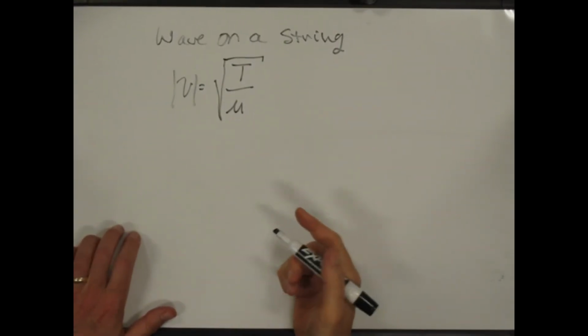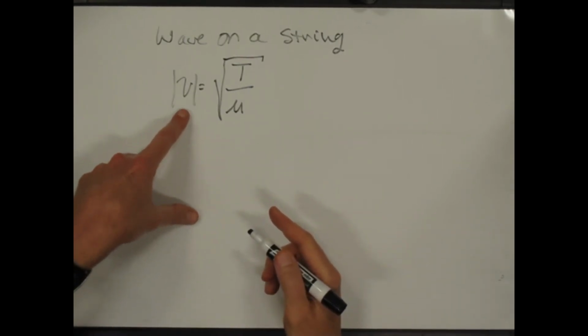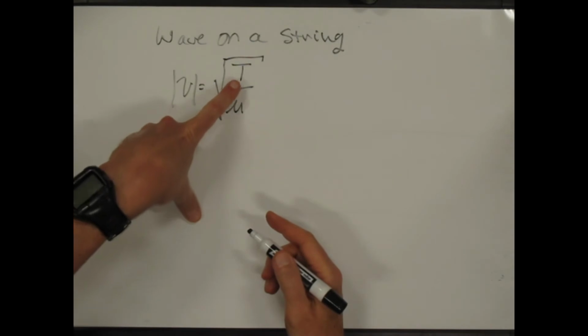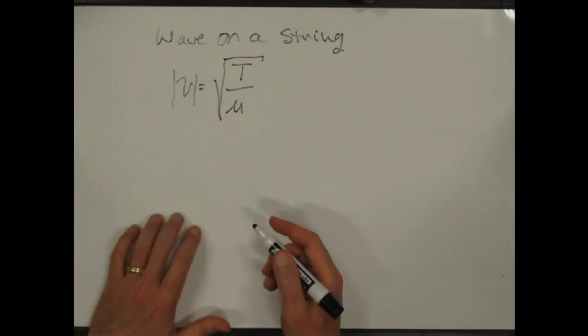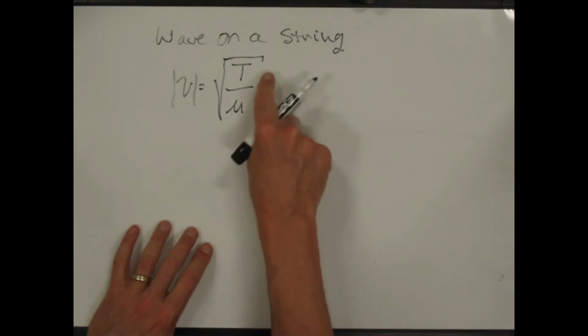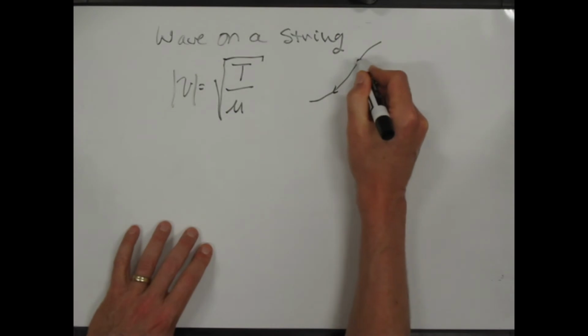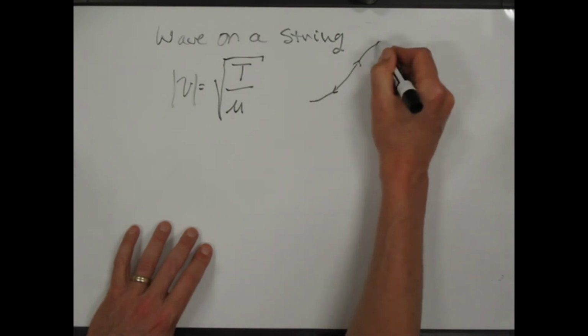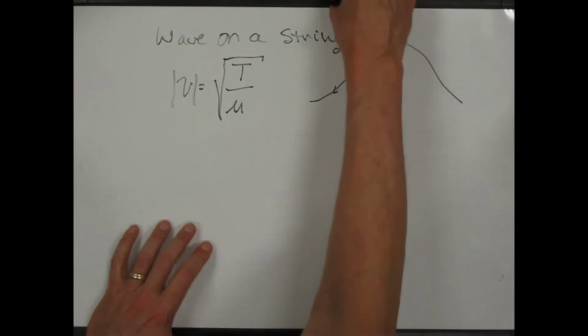So if you have a wave on a string, it turns out that the speed of the wave is equal to the square root of the tension divided by the linear mass density. Your book shows it to you, but I'm not going to go into it. You can derive it from looking at the tension in the rope along its length and looking at the ratio of that from two different points.